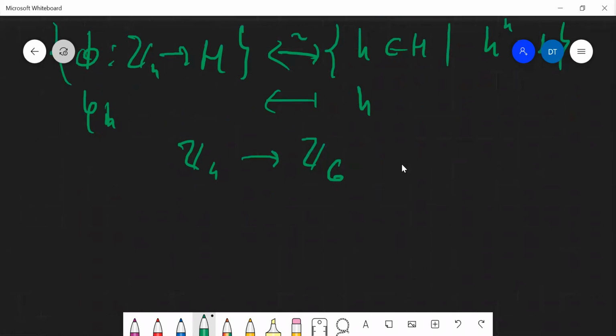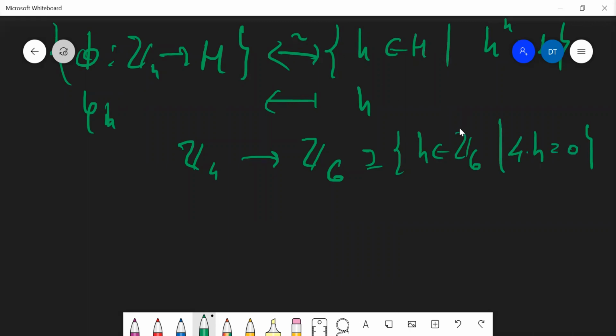So now, we probably have fewer homomorphisms than the elements in Z6, because in order to describe all these homomorphisms, we want to find all elements h from Z6 such that 4 times h equals 0.